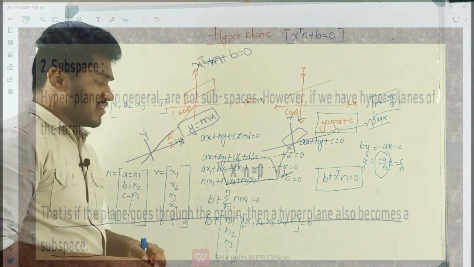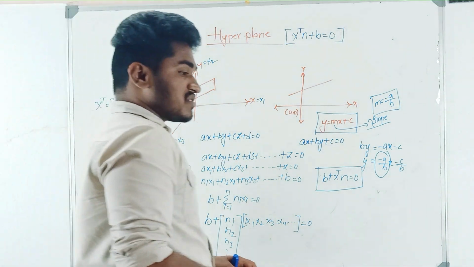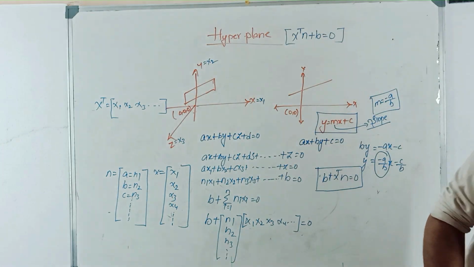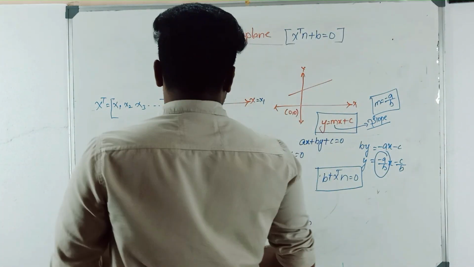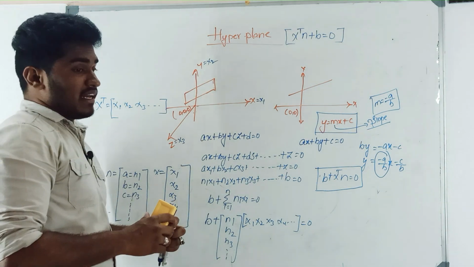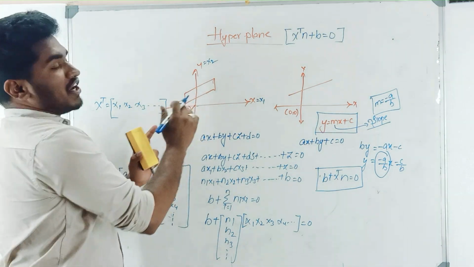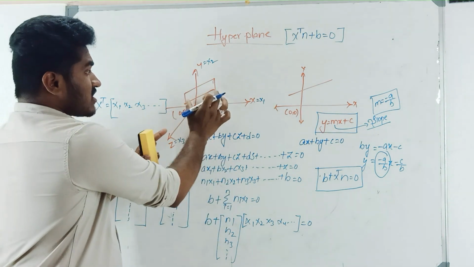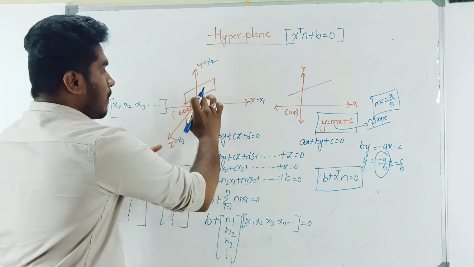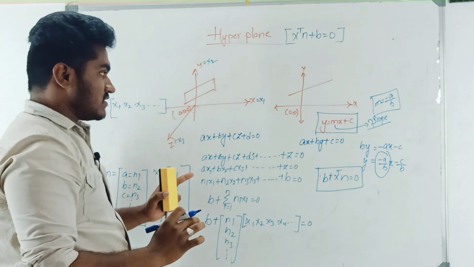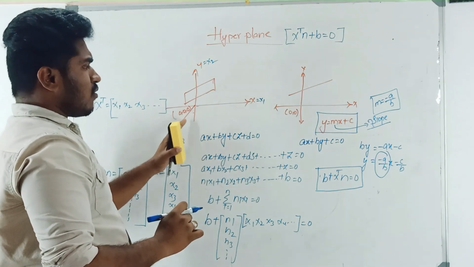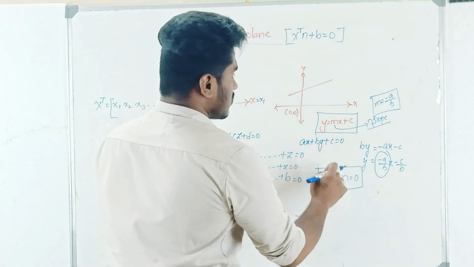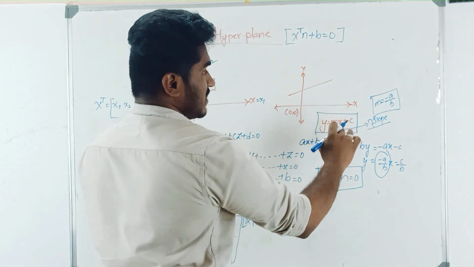A subspace is nothing but a plane which is passing through the origin. Please try to understand that whenever the plane is passing through the origin, this particular constant will not be there, right?